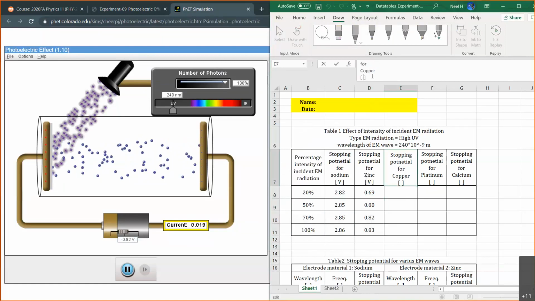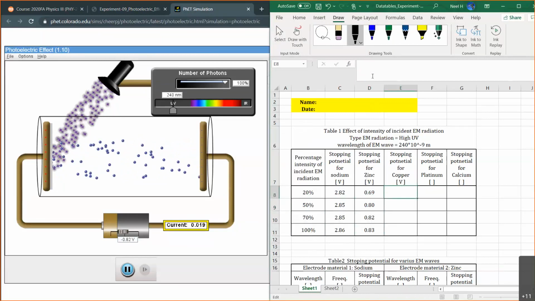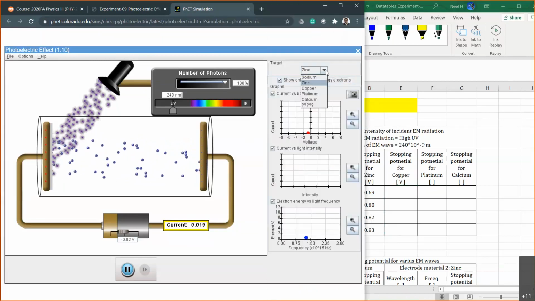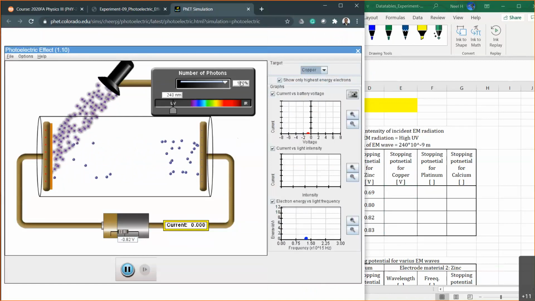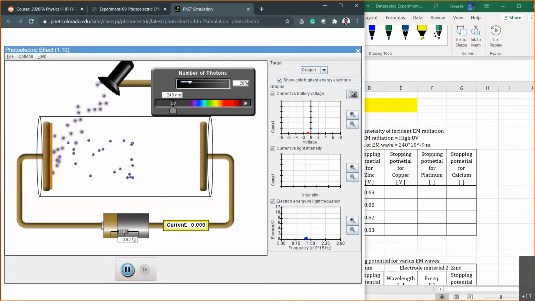Okay, let's take a look at others. I can change the electrode into copper. We can do the same. We can start from 100% and go backward, or let's go back to 20. And then let's put the voltage at 0 and check again at 20. It's a very small current. I will not need a lot of reverse voltage here.